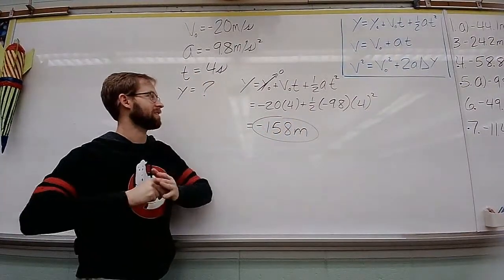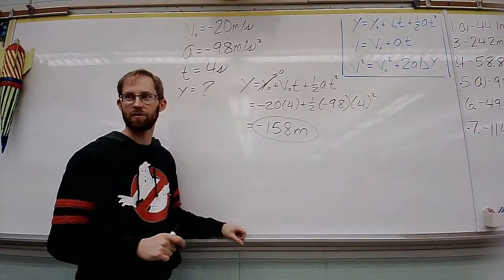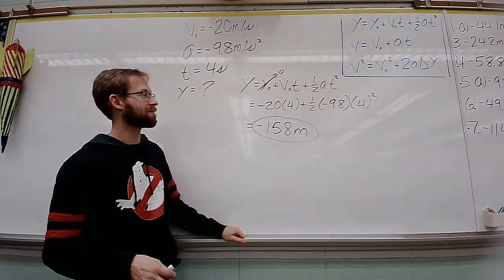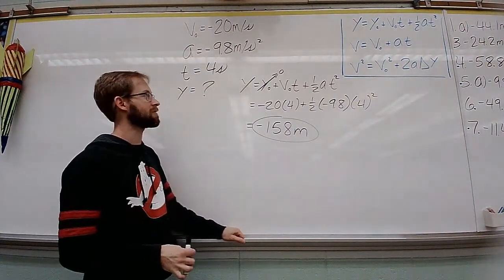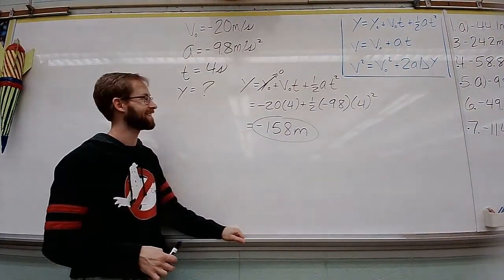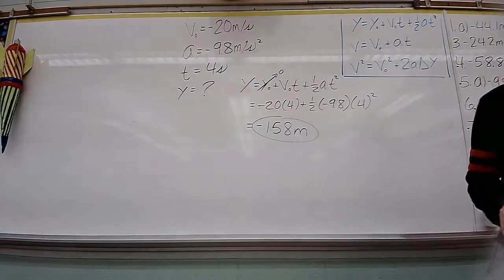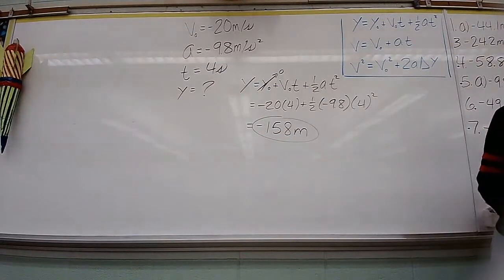Plug and chug, as my high school physics teacher would say. You just plug those numbers in and the answer just pops right out. No force diagrams, no force equations. Nice and simple. As far as letter C goes, find the time required to reach a speed of negative 50 meters per second.